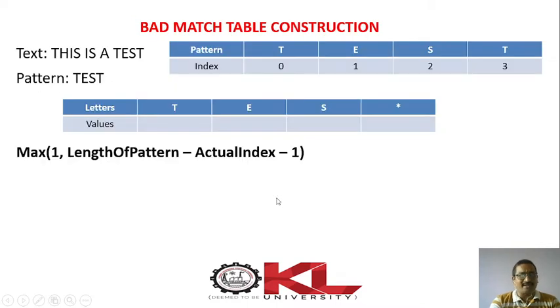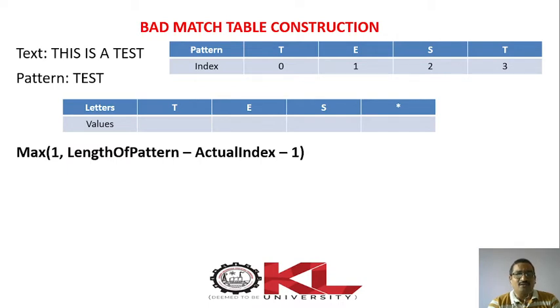We'll look at one example of how we construct the bad match table. For example, a text is given like this, and the pattern is TEST. Using Boyer-Moore, I need to find out whether the pattern is present in this main text string or not. So first, we need to construct the bad match table.